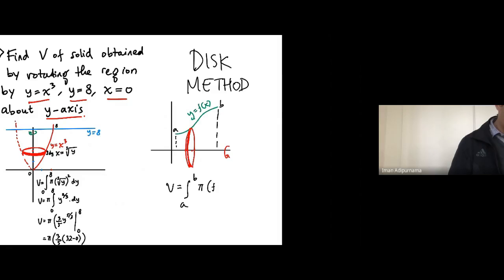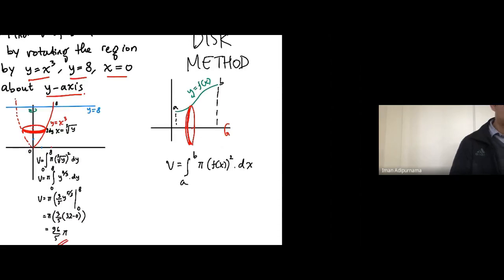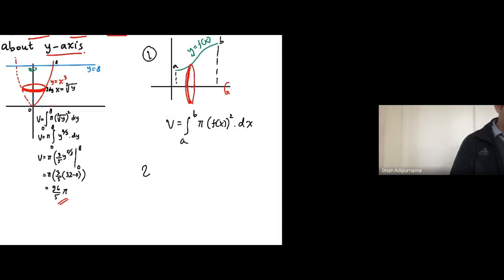So this will be pi times f of x squared dx. So this is the first case.